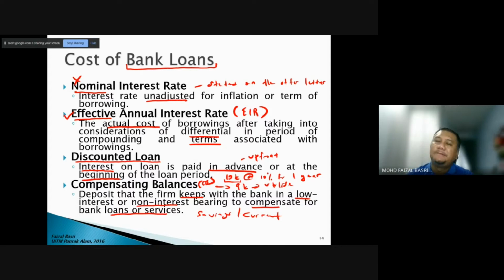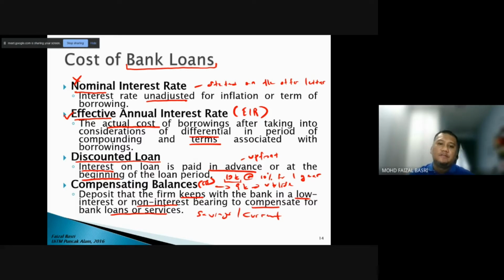This is normal, meaning for the rest of your period of borrowing, you need to keep a certain amount in the bank. Again, for example, with the 10K earlier, you borrow 10,000 ringgit from the bank, and the bank says, as a compensating balance, you need to keep 10% of your borrowings in the current account for 1 year as well, because you borrow for 1 year.